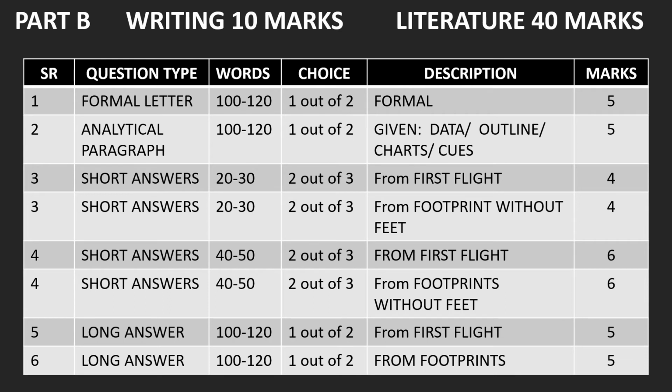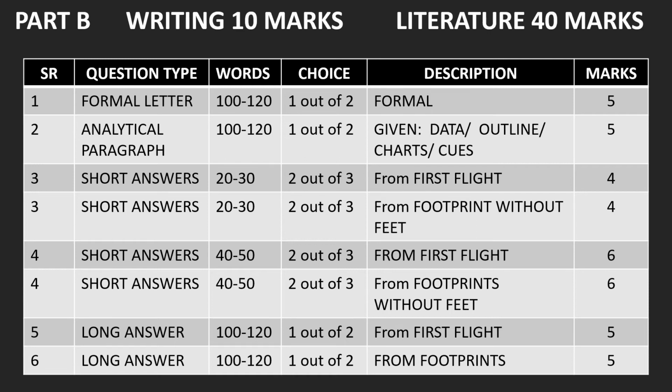Similarly, the second one also is short answers, 20 to 30 words. 3 will be given in total. Out of 3 questions, you will be writing 2, but this time it will be from Footprints Without Feet. 1 question will be for 2 marks, so totally you will be attempting 4 marks. So short answers, 20 to 30 words, in total 8 marks.